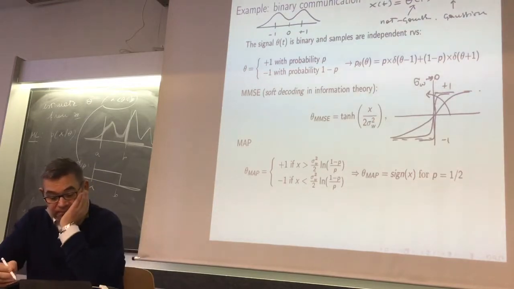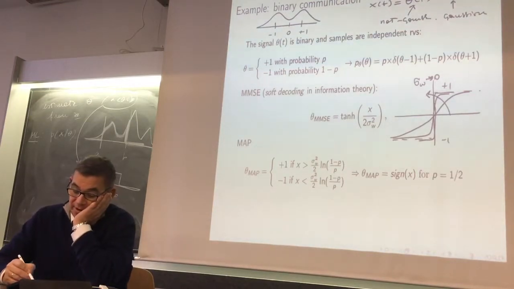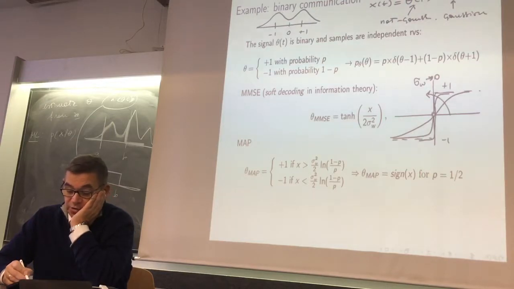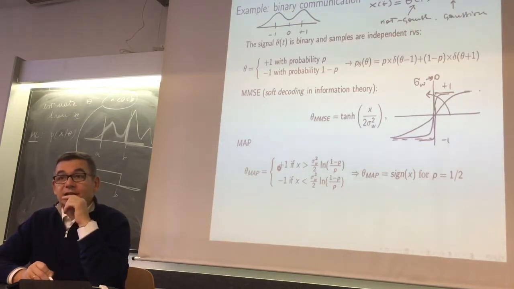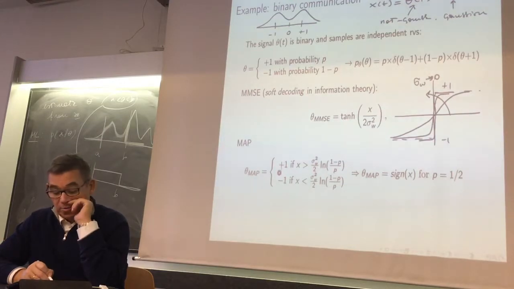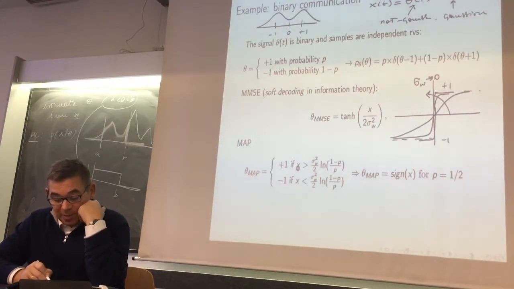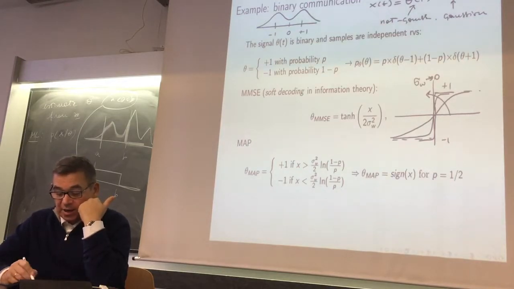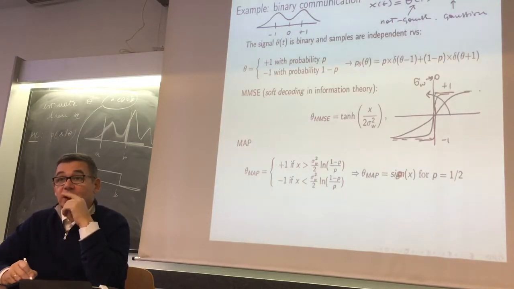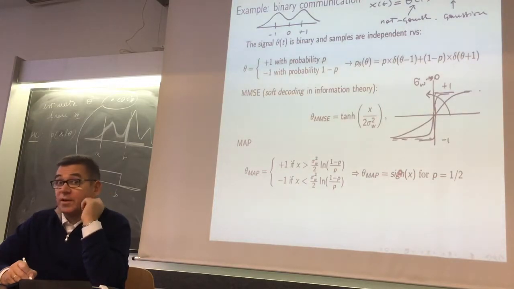On the other hand, if I choose differently, if I choose the maximum a posteriori estimate, then the maximum a posteriori estimate establishes that the estimate is plus 1 or minus 1 depending on the value of x, which coincides with the sign function in case the probability of the two events are equal.